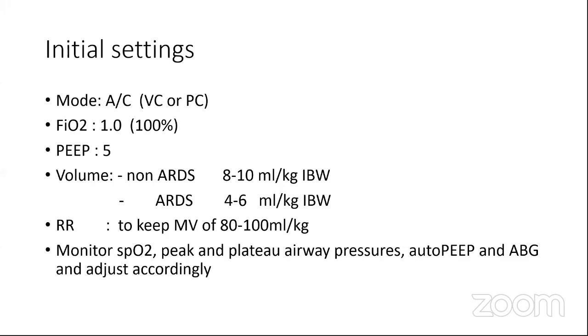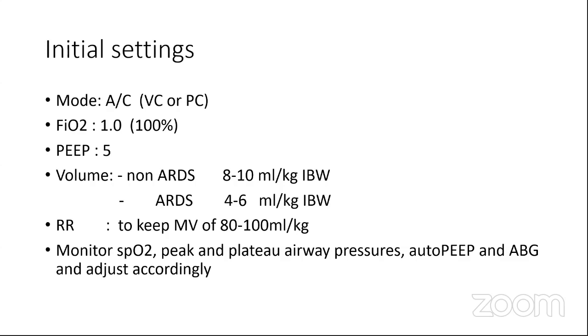But if the patient does not have ARDS, then you can start with higher volumes of 8 to 10 milliliters per kg of ideal body weight and lower respiratory rates.